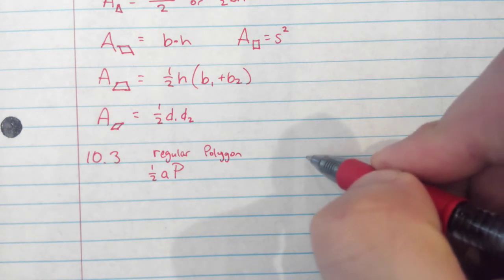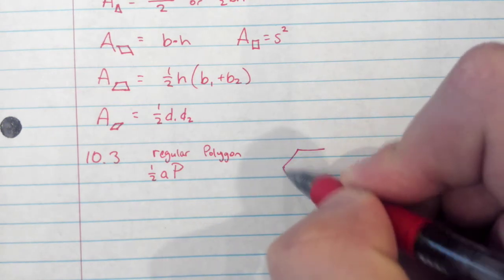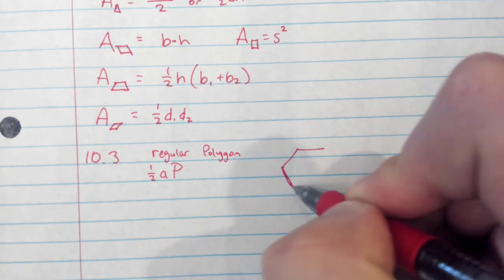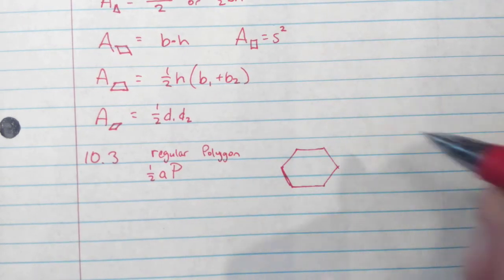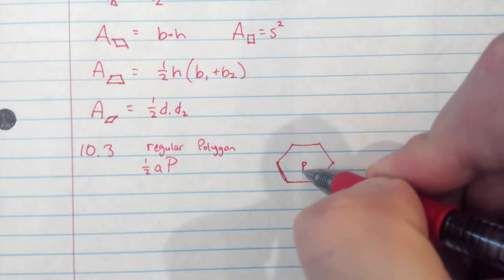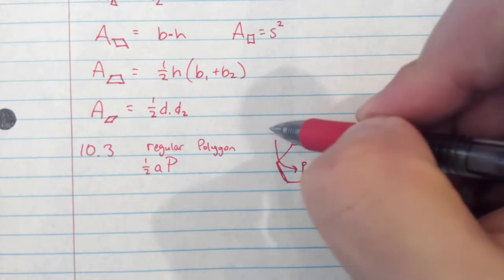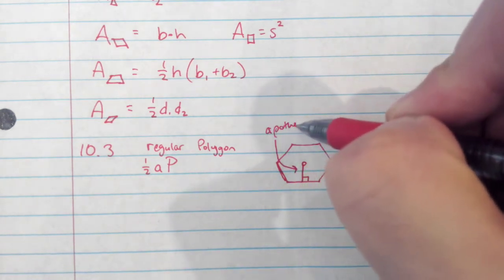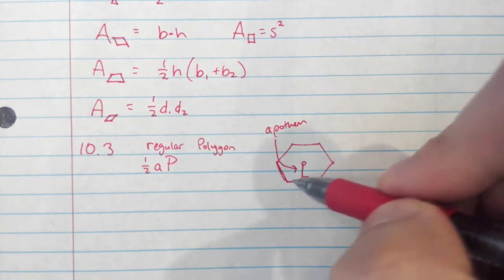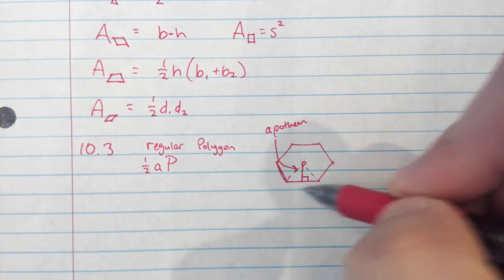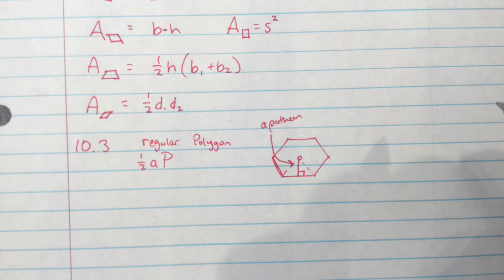The apothem, so if you had like a hexagon, I gotta redeem myself from the other hexagon drawing. The apothem goes from the center to one of the sides and forms a right angle. So that's the apothem. And remember, a lot of times you had to make a triangle and find some certain things. So you'll have to do that a little bit in the review as well.